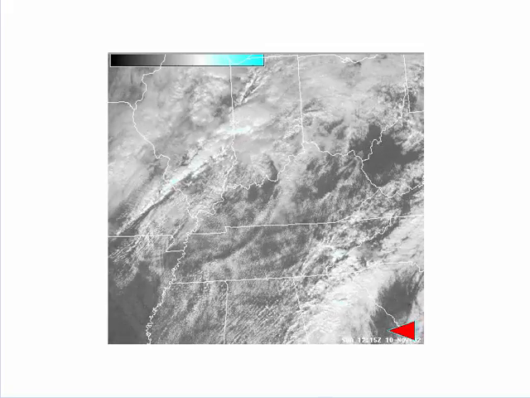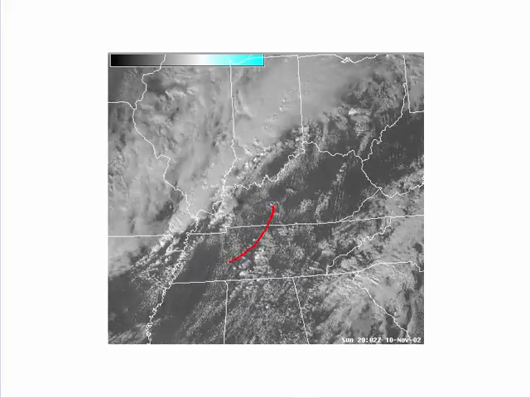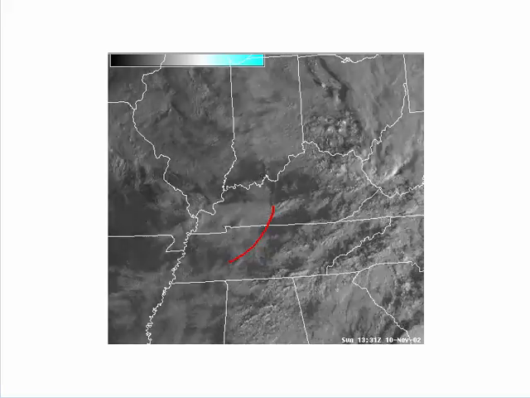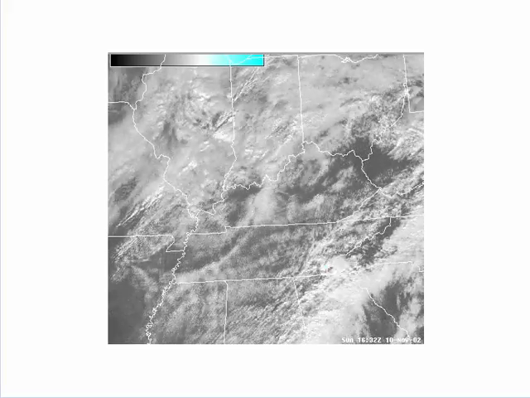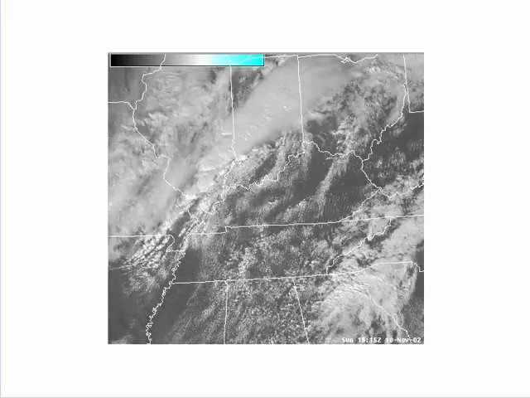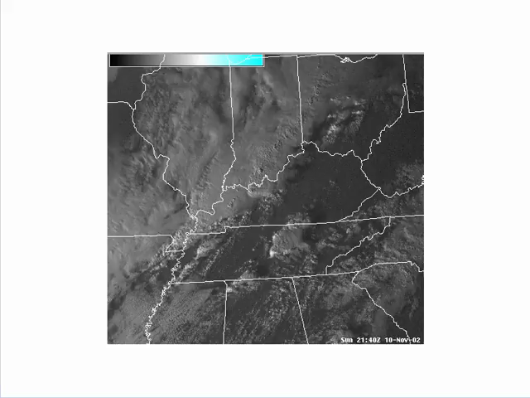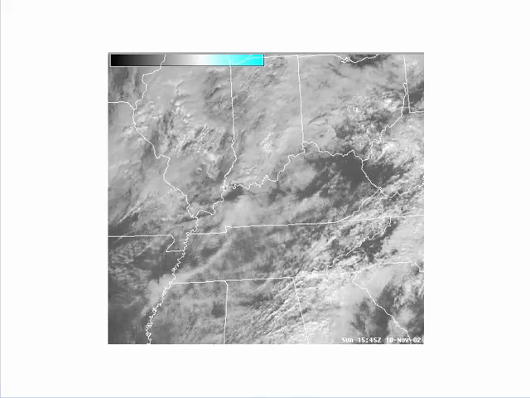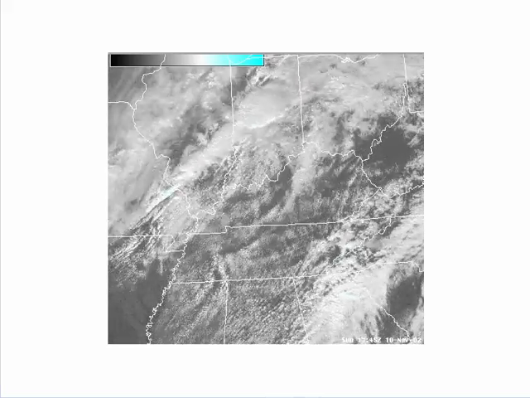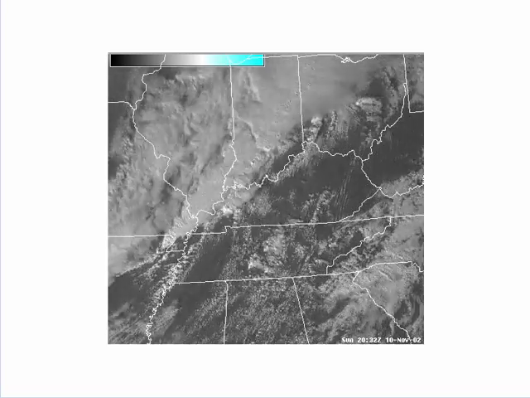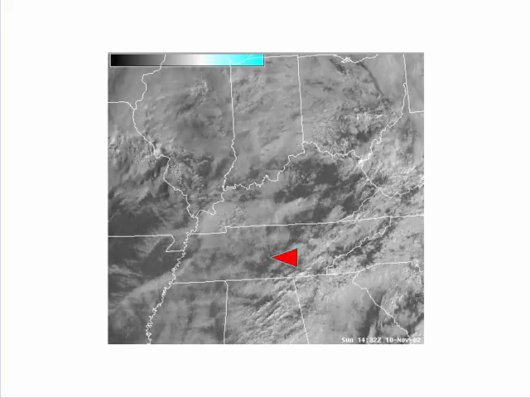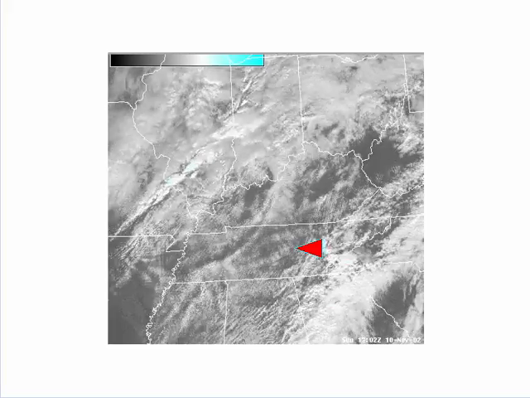Notice also that the cloud line that's associated with that wave is not really low-level cumulus, and you can sort of see that as the enhancement passes across the low-level cloud field. It's actually a 700 millibar feature. It shows up, as I say, a little bit on the RUC, and it's at that point where the only strong storm of the day, or the only tornadic storm anyway, forms.